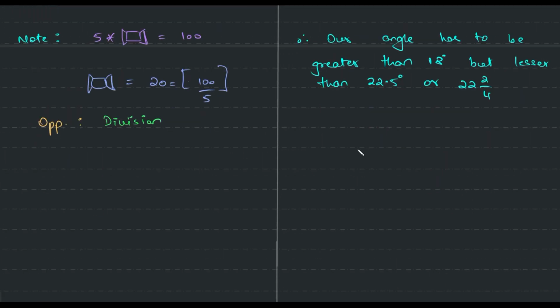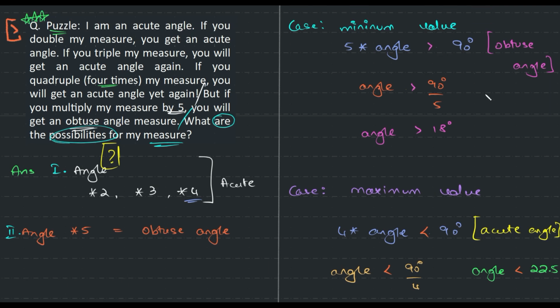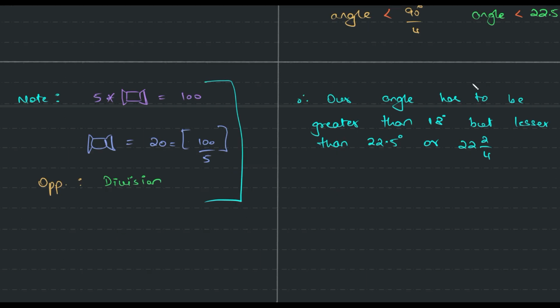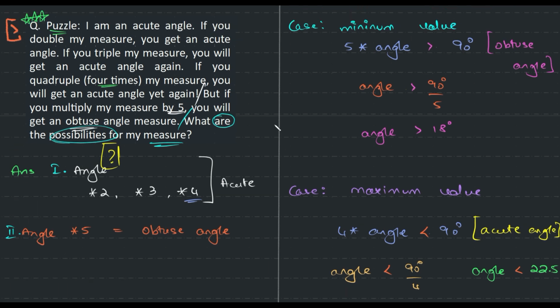And so we conclude the answer: our angle has to be greater than 18 degree but less than 22.5 or 22 2 by 4. Either of these representations you will understand in time, but here the funda is to understand the concept. It's a difficult question for you guys. So take time, try to discuss, try to think over, try to understand this first. If you understand this, then this will make sense in time. Okay, first is this step, and then you can think about this.